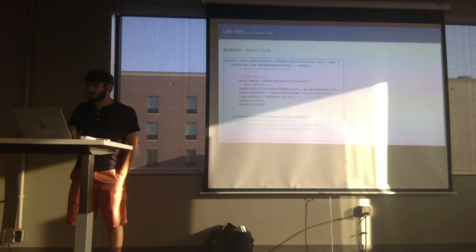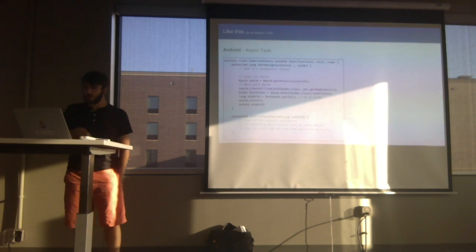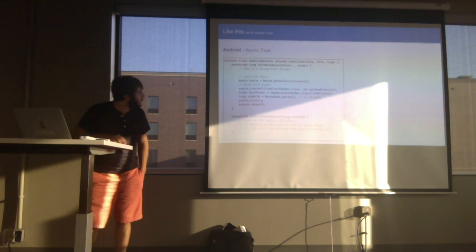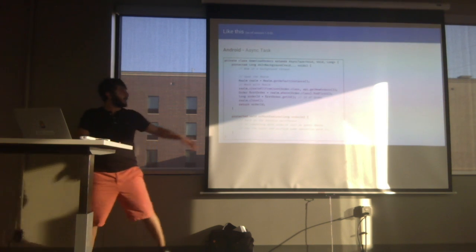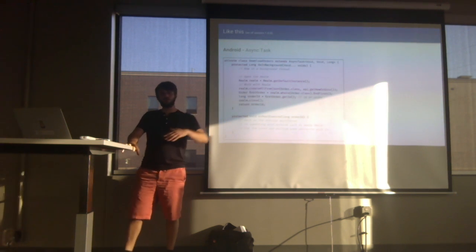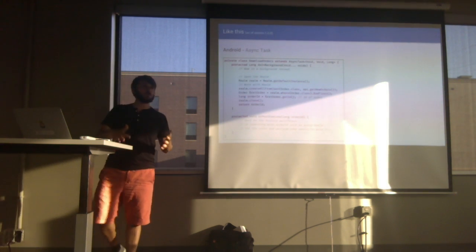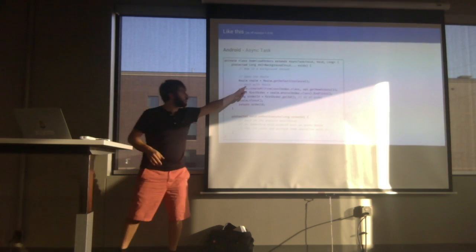Another thing is AsyncTask in Android. IntentService and AsyncTask run in the background. I think I mentioned that earlier. Every time you use getDefaultInstance, you cannot use it in another thread. Since AsyncTask runs in a background thread, a different thread, you have to make sure that you are getting the instance there.